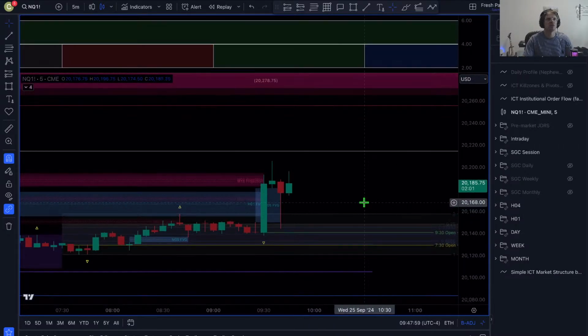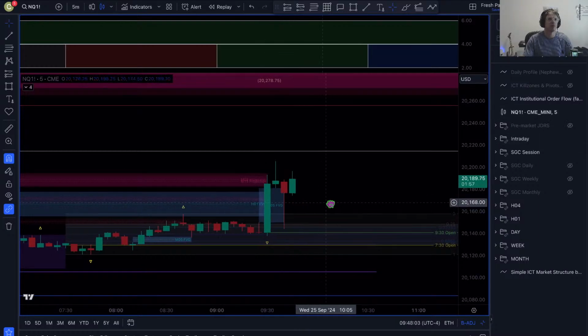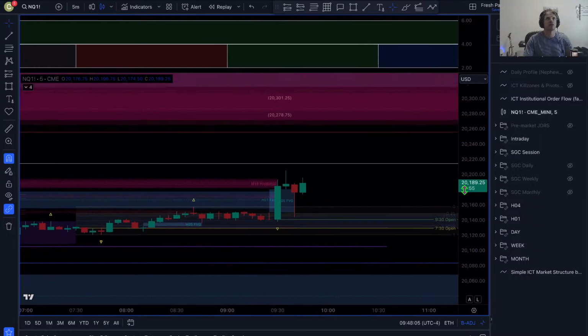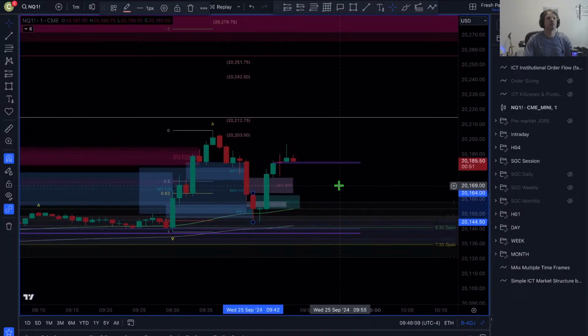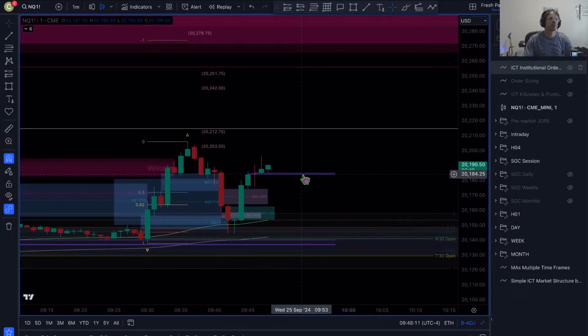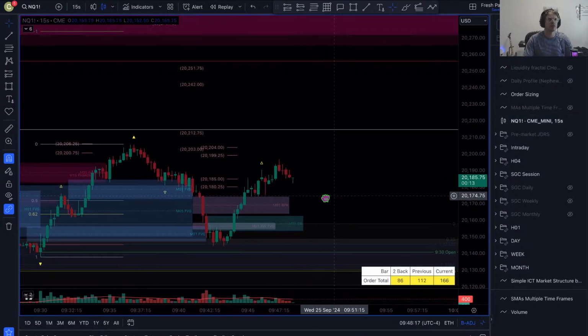Get on the M5. That would be sort of a hold of that fair value gap to the upside. Nice projection. We'd have a long way to go on that M5. M1 up there. This fair value gap's holding to the downside, which could bring us back in for an entry.